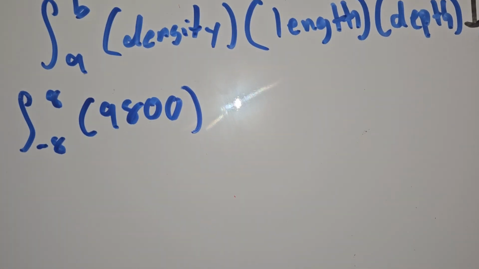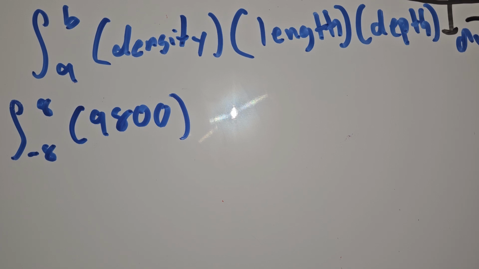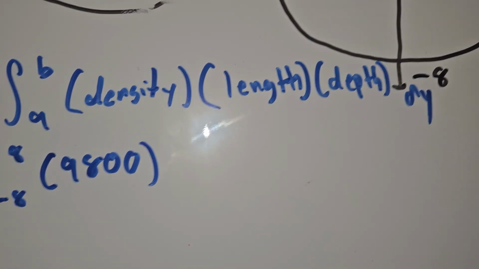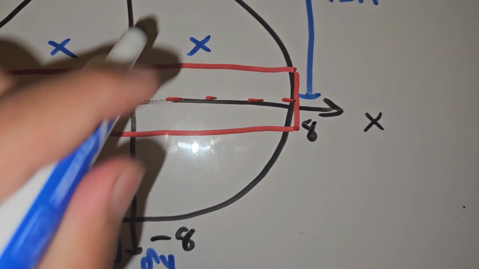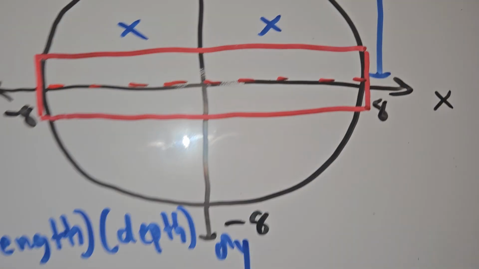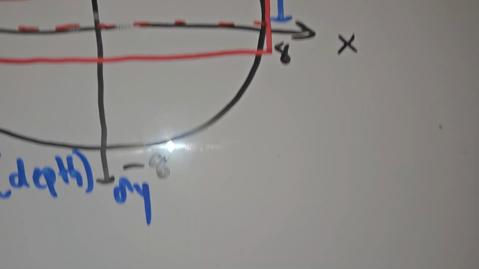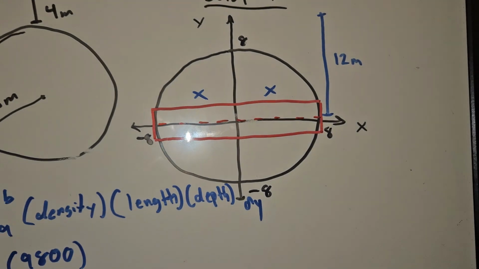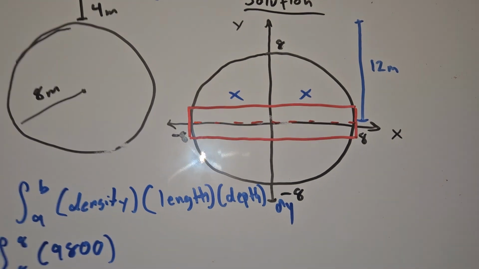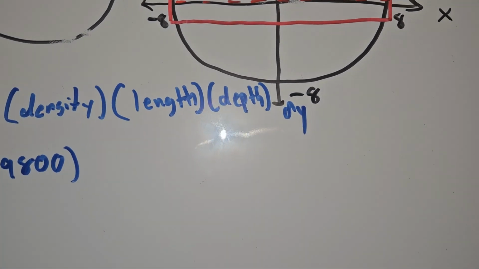And the length, we are going to have to find the length. The length is in terms of x. We need to find out what 1x is equal to. In order to do that, we're going to use the equation of a circle. And what is the equation of a circle?